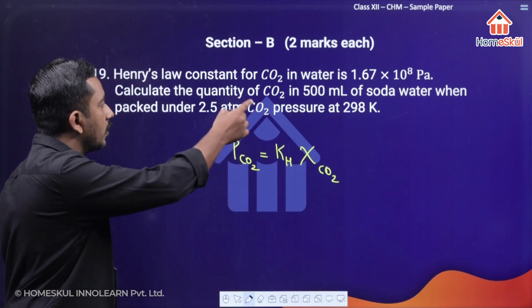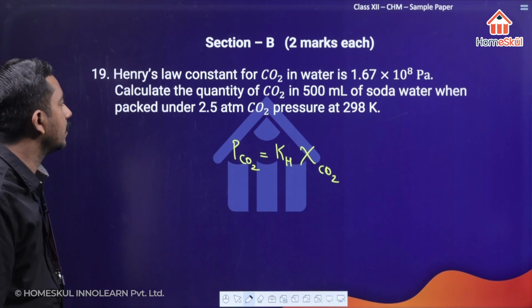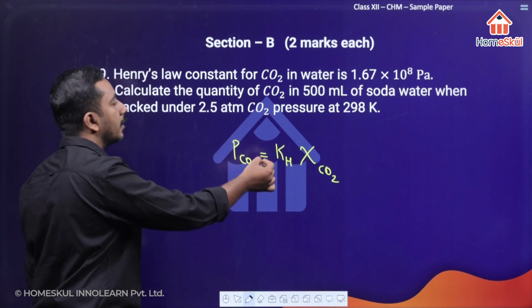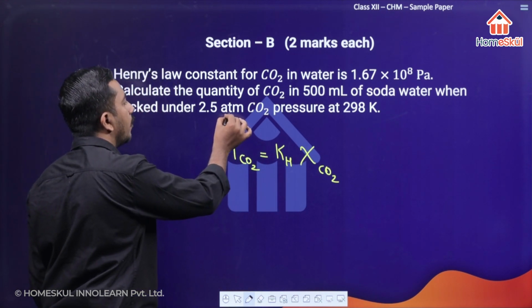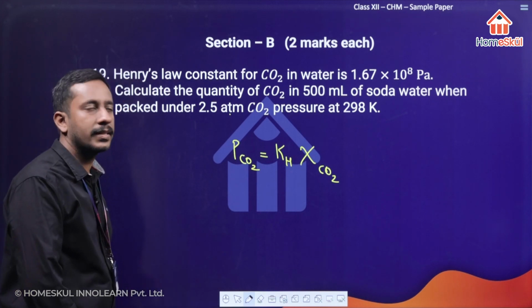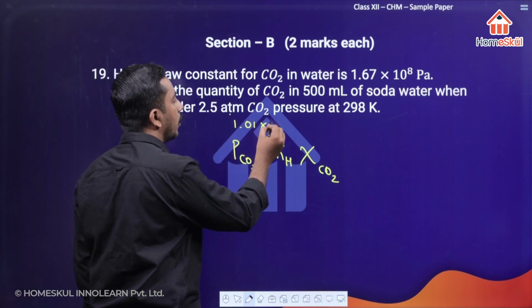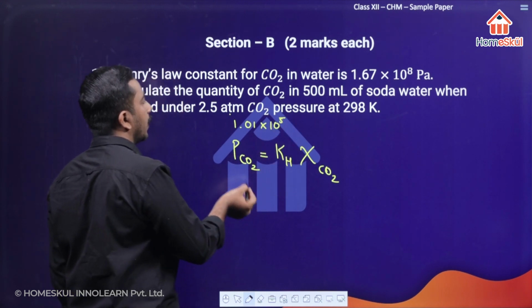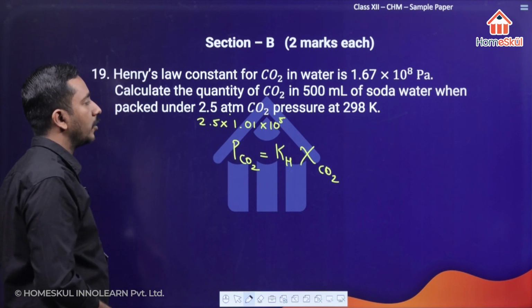So the value of Henry's constant is given, that is 1.67 into 10 raised to 8. That is given in pascals, but the pressure in which the dissolution of carbon dioxide is done is given in atm. So we'll have to convert this atm into pascals. For that we'll have to multiply this with 1.01 into 10 raised to 5. So we'll have to do 2.5 into 1.01 into 10 raised to 5.